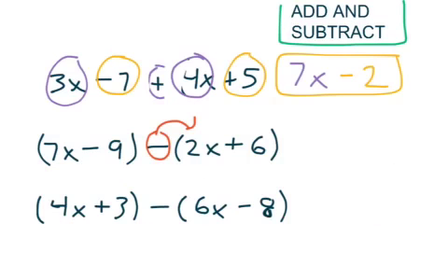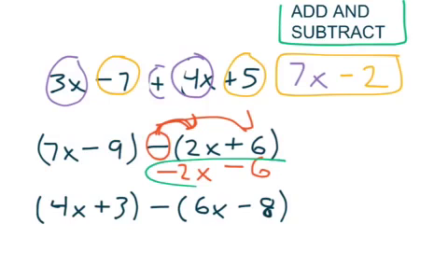So negative with the 2x is negative 2x, and a negative with the 6 is negative 6. So now I'm going to combine this with the original expression. Again, the parentheses can all go away now, because now that I've distributed the minus, there's no need for them.